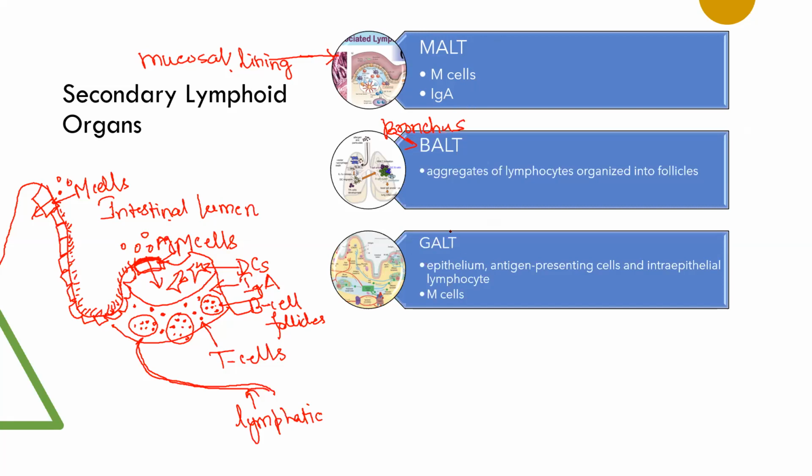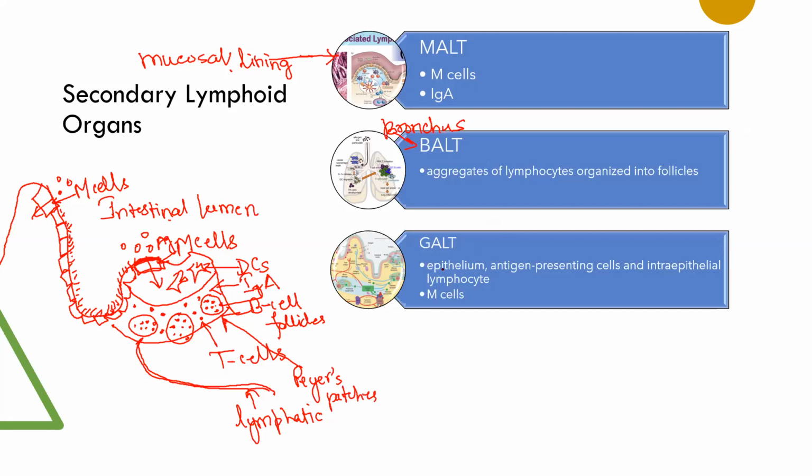But gut associated lymphoid tissue, which has the same kind of structure and also has M cells, resembles MALT. We can give it a special name because it is present in the intestine. This kind of gut associated lymphoid tissue we call Peyer's patches.